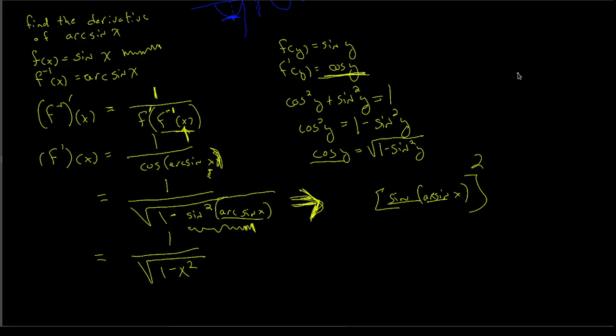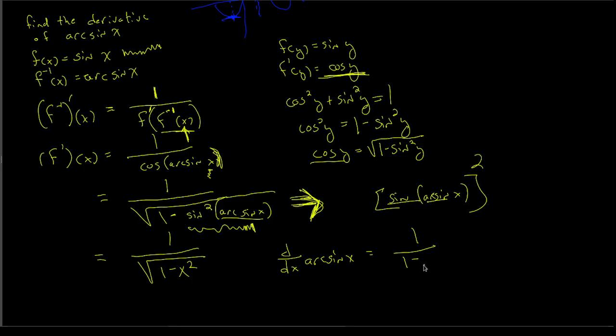And so we can say that the derivative of the arcsine of x is equal to 1 over 1 minus x squared, all under the square root. But this will only work when x is trapped between -1 and 1, not including, and we'll sometimes write this as the absolute value of x is less than 1.